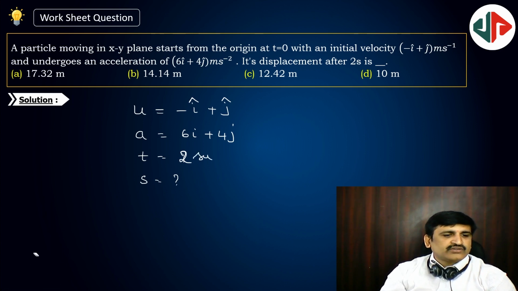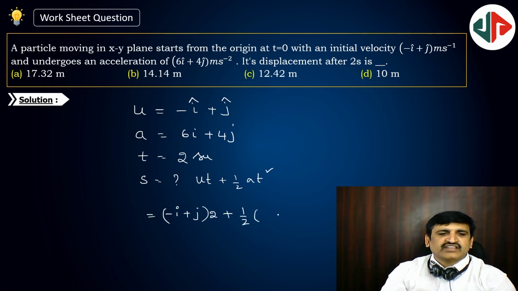S is equal to ut plus half a t square because time is given. So if you write in symbols, then you will get a formula in vector form. U value minus i plus j into time 2 seconds, plus half a value 6i plus 4j into t square, t square is 2 square.